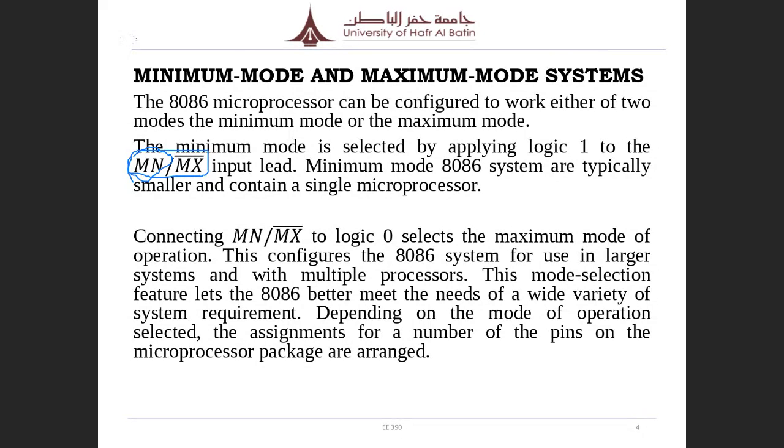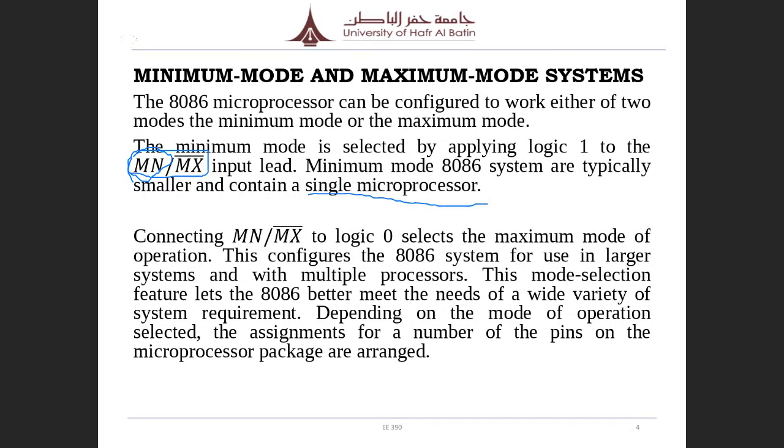So what is minimum mode and what is maximum? Minimum mode is a single microprocessor system, for normal operation. In all PCs, laptops, desktops, there is one processor in the motherboard.